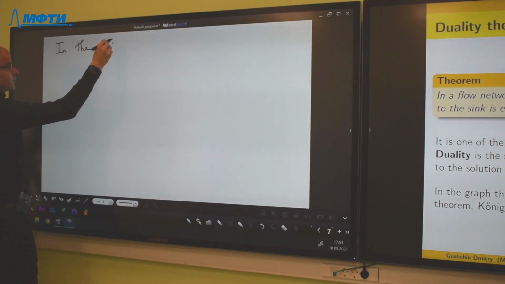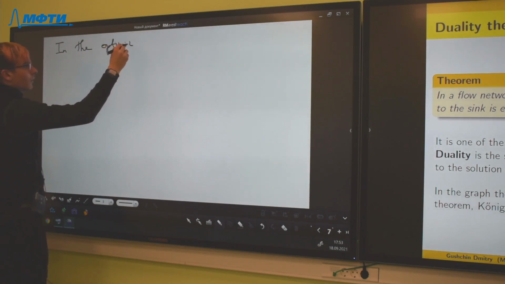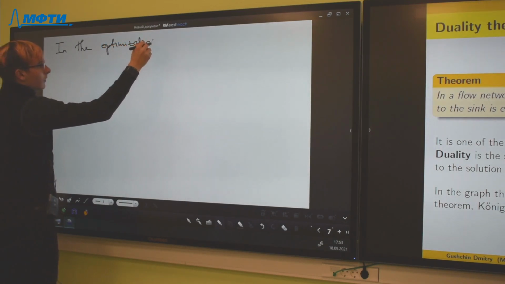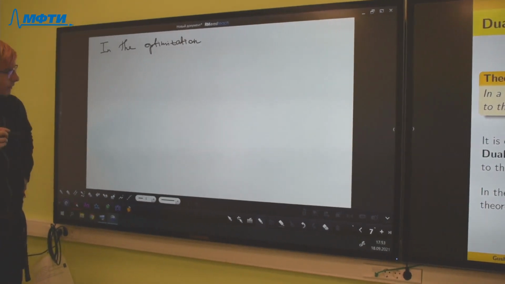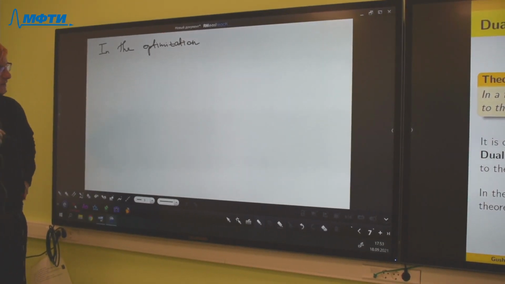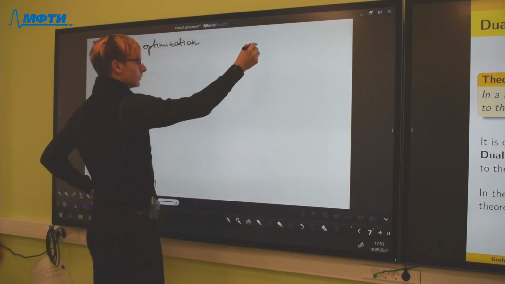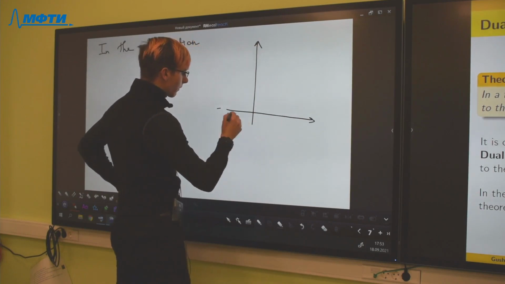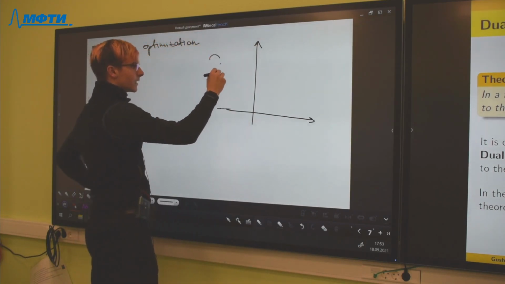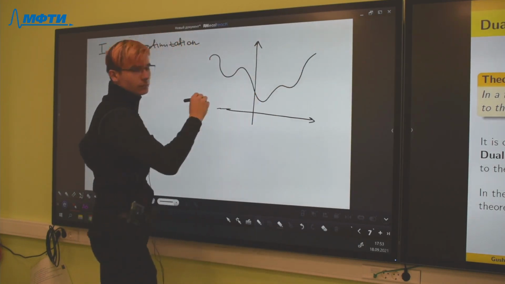In optimization, there are a lot of exercises to get the infimum of some functions, for example.